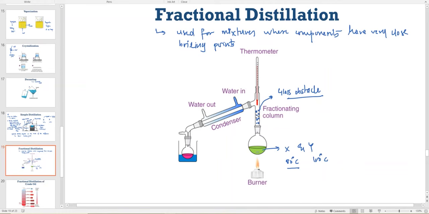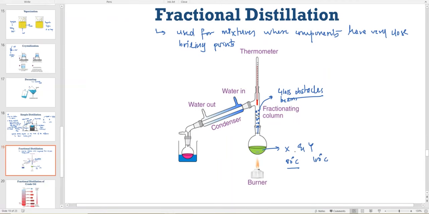Once they enter the fractionating column, these glass beads are acting as obstacles. X molecules have enough energy to navigate around these glass beads and enter into the condenser. But Y obviously do not have that.